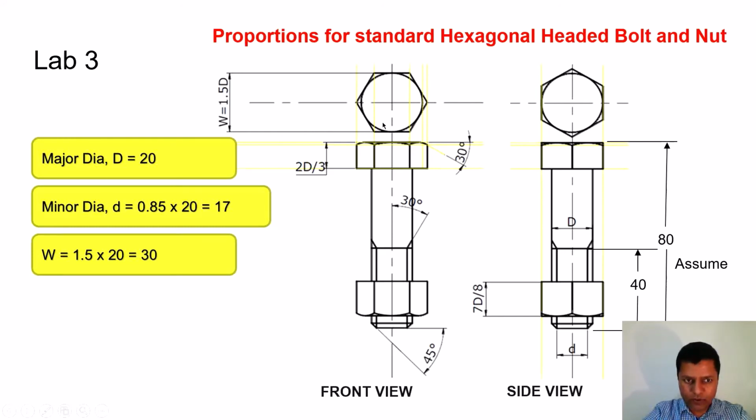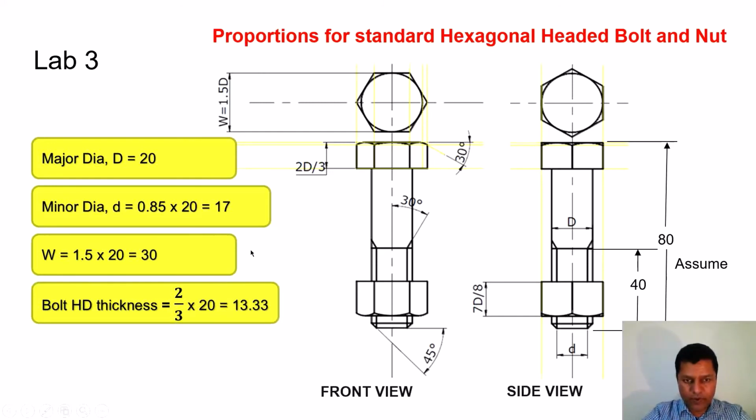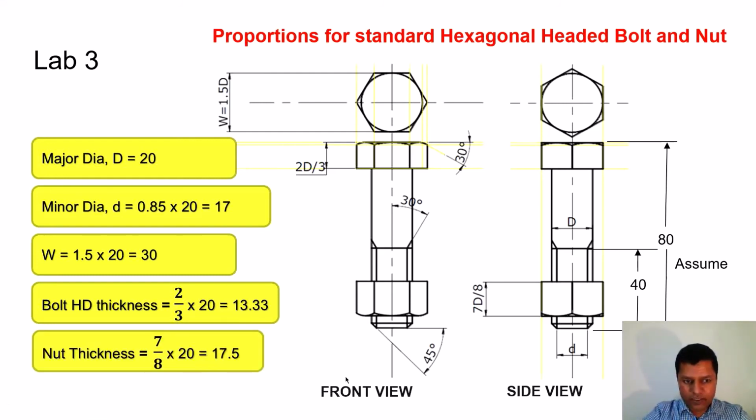When we draw the polygon we will use half of 30, the radius, because AutoCAD is asking for the radius of the polygon, so that is 15. Bolt head thickness will be 2/3 of the major diameter, that comes as 13.3, and the nut thickness is 7 over 8 times 20, that is 17.5.